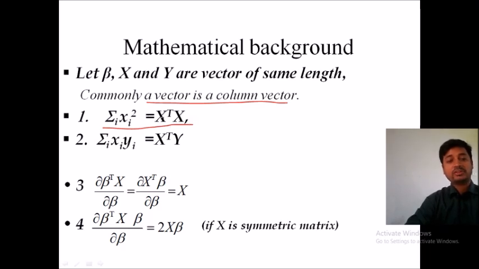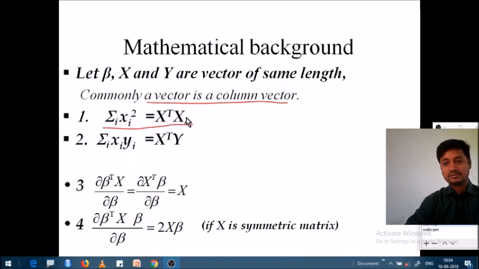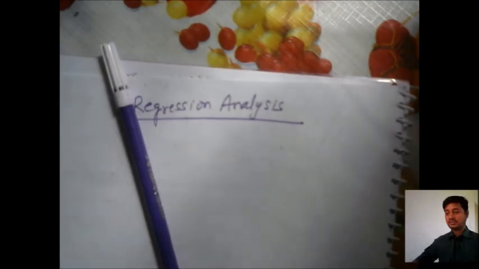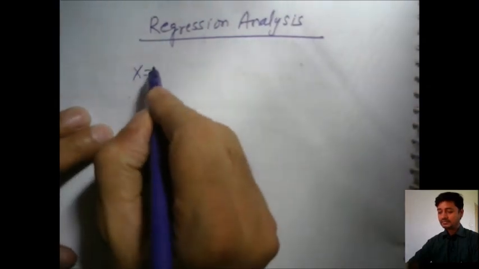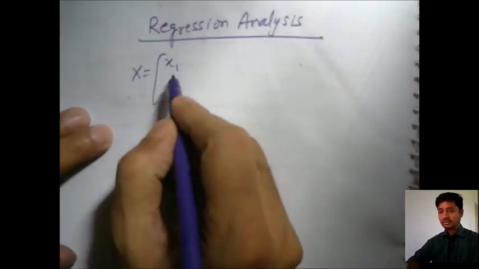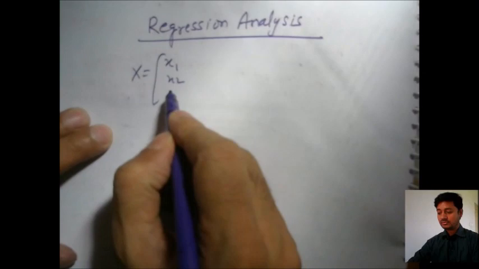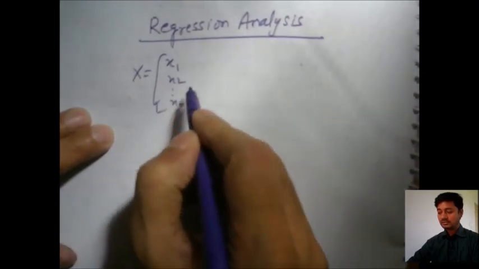Sigma of xi square is equal to x transpose x. How is it possible? Let us try to see with an example. We have x, that is x1, x2, xn.